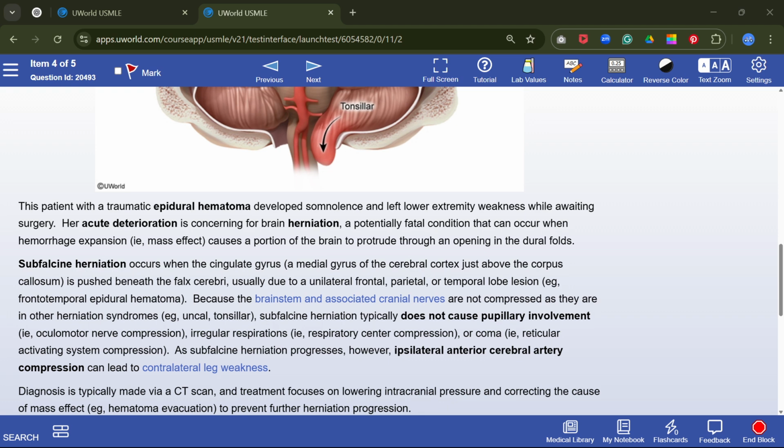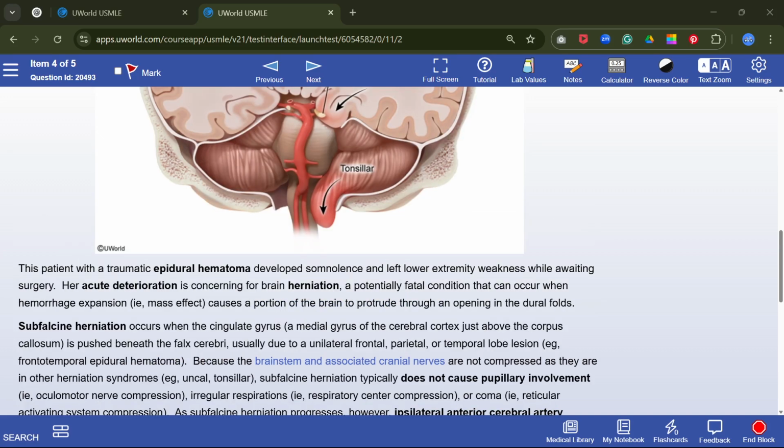In subfalcine herniation, the cingulate gyrus, a medial gyrus of the cerebral cortex just above the corpus callosum, is pushed beneath the falx cerebri, usually due to a unilateral frontal, parietal, or temporal lobe lesion, like a frontotemporal epidural hematoma.